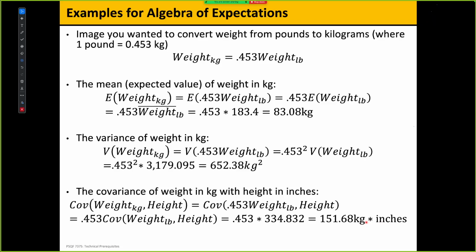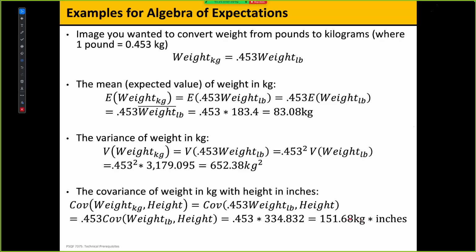If we wanted to come up with it, we would take 0.453 times the covariance of weight in pounds and height. 0.453 is what we called c on the last slide, and height is multiplied by the number 1. We work that process through and we end up getting 151.68 kilogram inches.